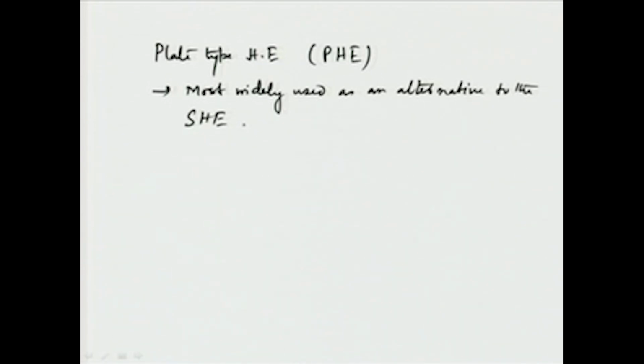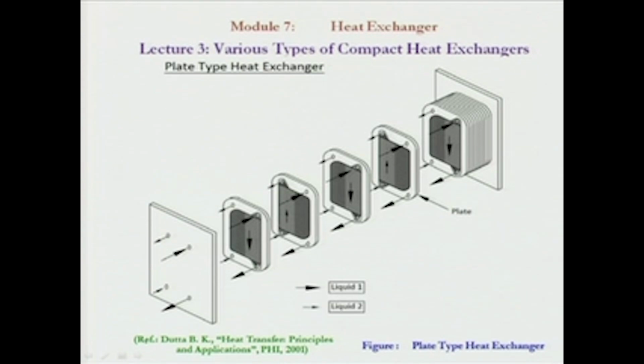Here you can see a typical diagram of a plate type heat exchanger. These are the plates, and in each plate there are 4 holes. There are 2 types of fluids. This is the one fluid that is going like this, and this is the other fluid that is coming out like this.